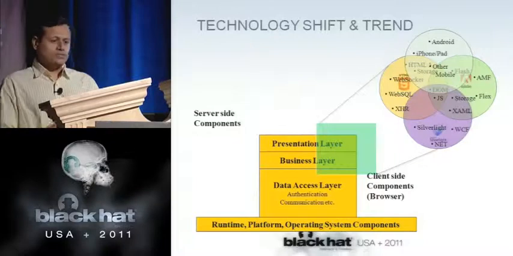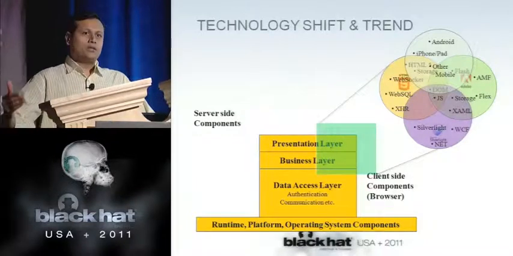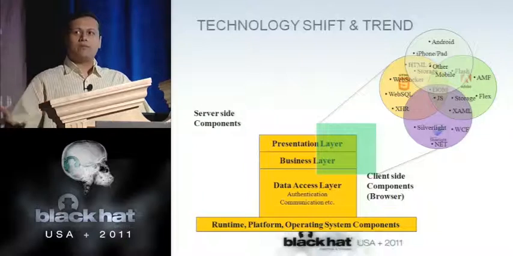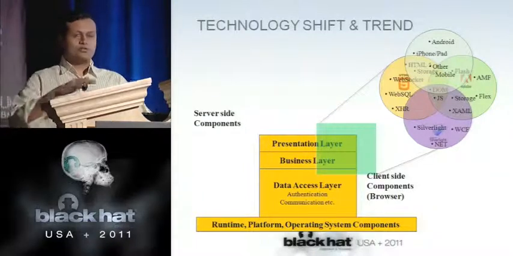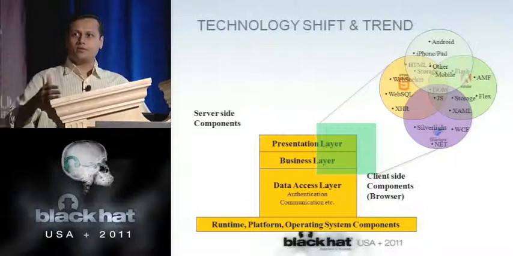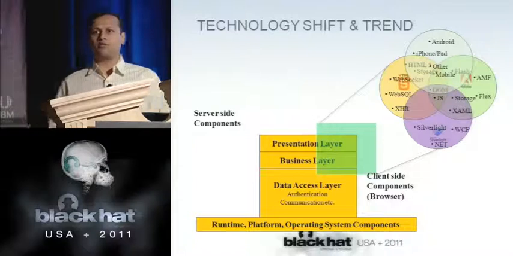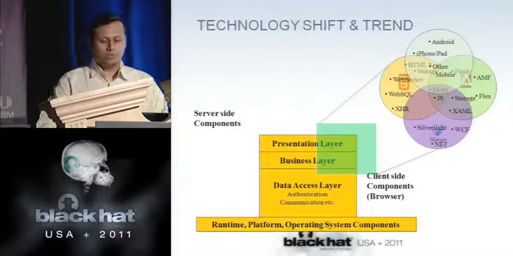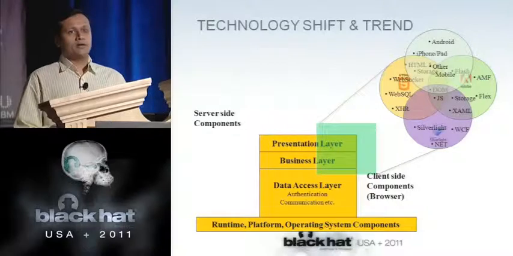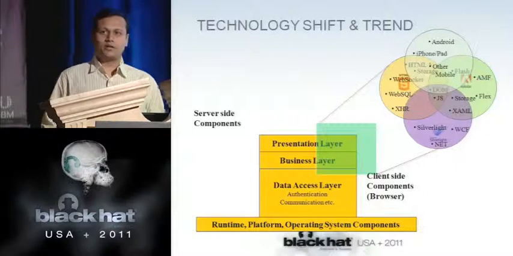So one of the major technology shifts which you can see in the past, when we were looking at Web 1.0 applications, we had complete layers where we said, okay, this is my data access layer, runs on server, this is my business logic layer, runs on server, and this is my presentation layer which runs using HTML and JavaScript in my browser. Now that particular layer is essentially what has changed with the introduction of these new technologies.